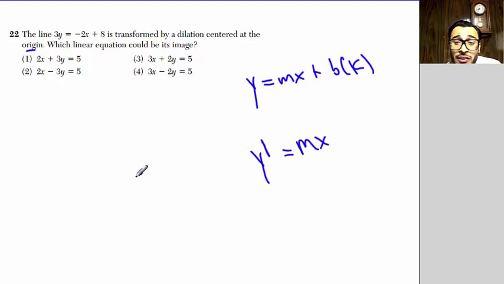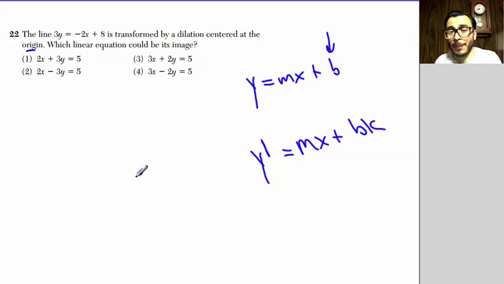So the new line will have the same slope as the original line, because you're only multiplying b by k. Your original line is y equals mx plus b, and the new line is y prime equals mx plus b times k.